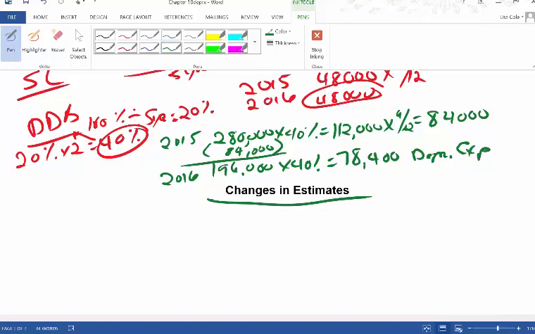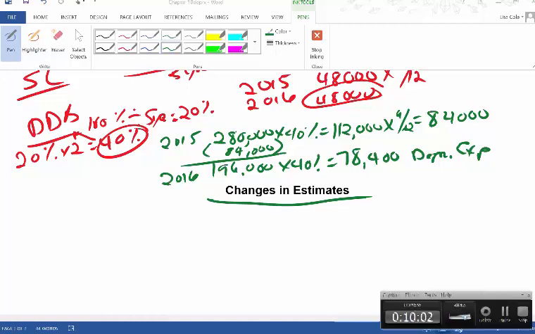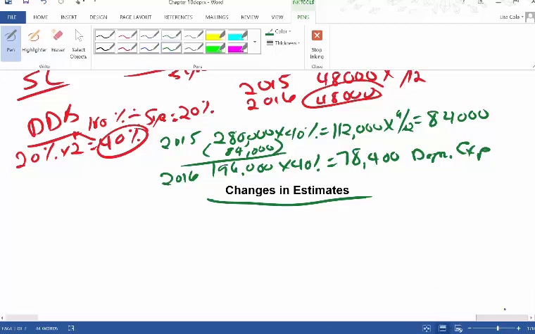And so when you have a situation that you need to change an estimate, okay, let's say that I have an asset that cost me $23,860, and that it had a salvage value of $2,400, and that it was a 4-year asset. And we're going to assume I bought it in January, and so I would get depreciation of $5,365.